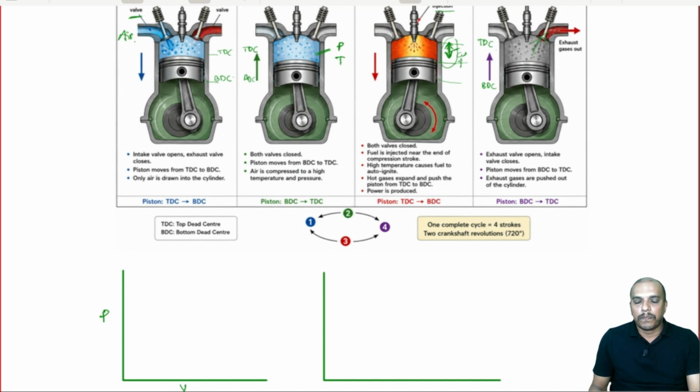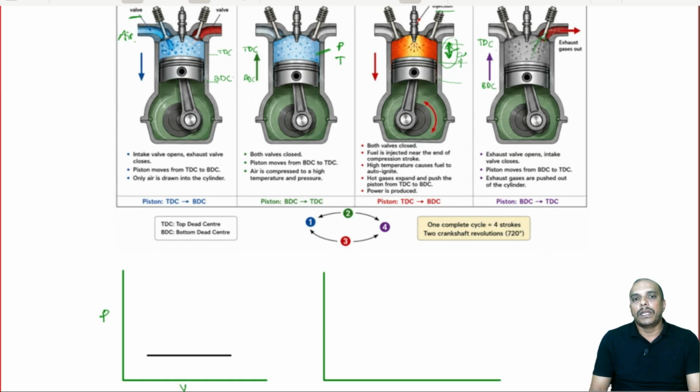Suction stroke is where the piston travels from, let us say this is your clearance volume or top dead center, to bottom dead center. And during this we are assuming that this is going to be a constant pressure process.